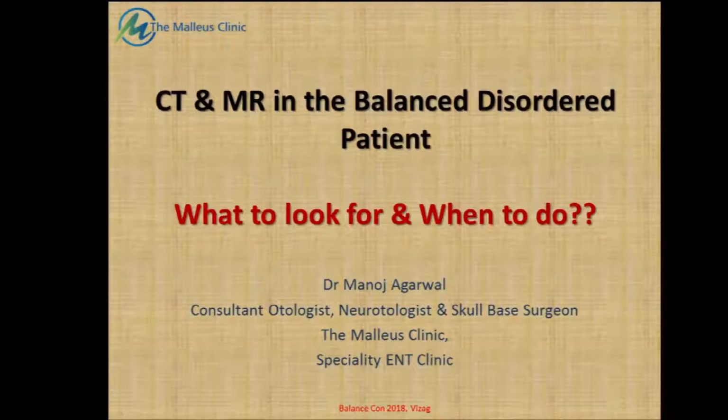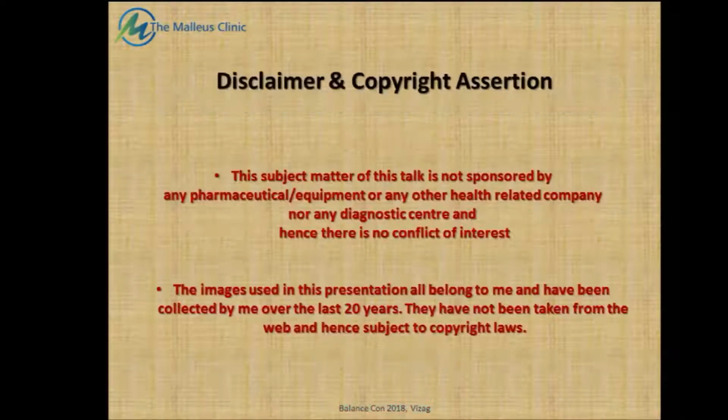So we'll think of when to do it later, and let's see what the different pathologies and situations are that we need to ascertain, as far as either a CT or an MR of the temporal bone or the intracranial or the associated CP angle is concerned. I'll go a little fast because I want to give you as much information through the images as possible.